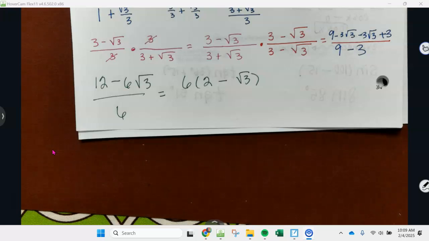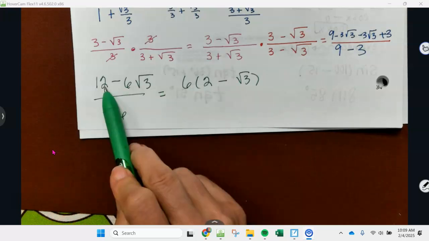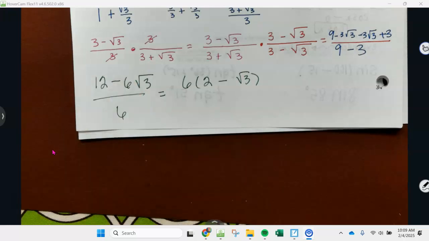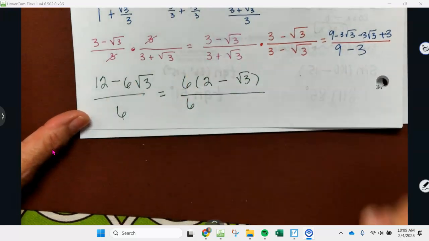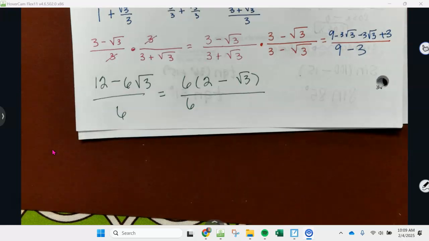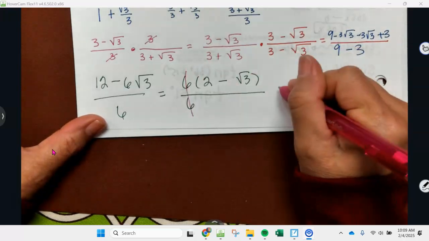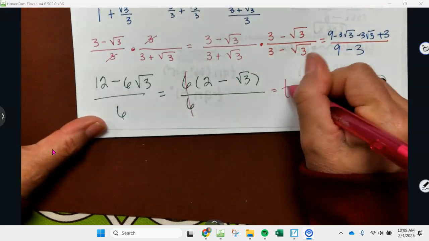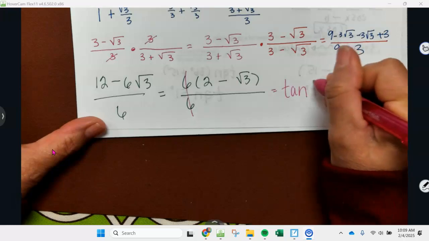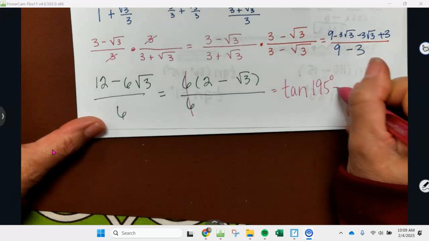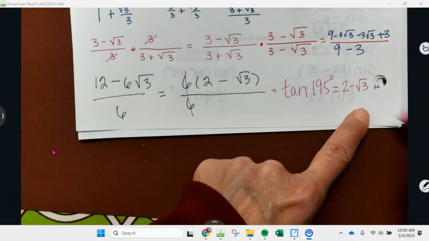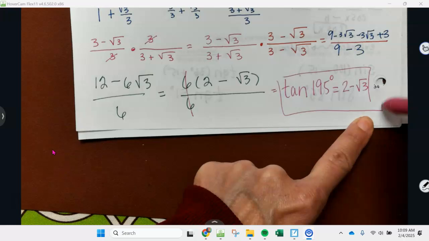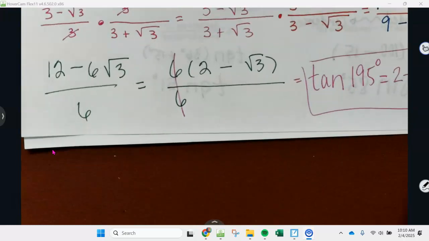Let me just make sure I did that right. I'm going to mentally distribute to make sure it gets back to that, and it does. Remember that was over 6. What happens to the 6's? Here's your tangent value of 195 degrees. Your tangent value is 2 minus root 3.